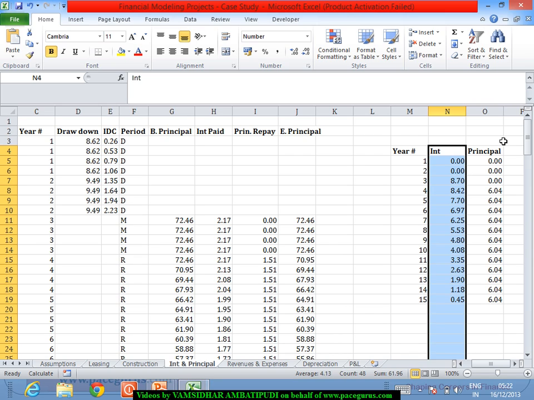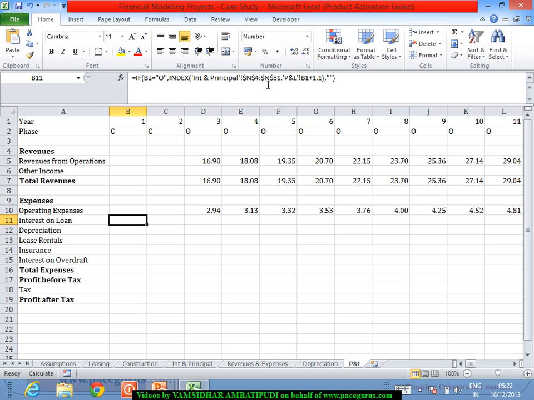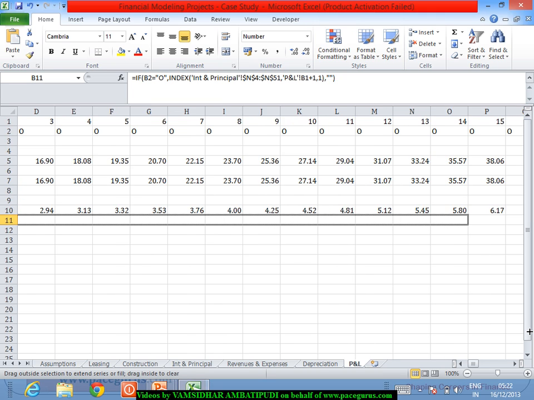So n plus 1th row corresponds to the interest for the nth year. That is what I have written here. So pull out the n plus 1th row, which is the year number plus 1, and corresponding to that particular row number, pull out the value. So the interest on the loan for me is working out now.